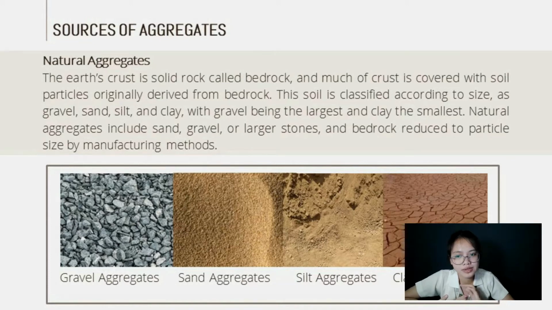So this is what natural aggregates are, and the most commonly used aggregates in construction are gravel aggregates and sand aggregates.